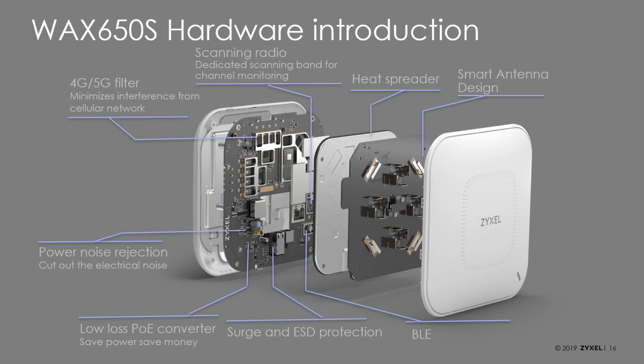Then we have proper surge and ESD protections, a heat shield, and the antenna array is totally shielded from the components to improve the signal to noise ratio as well as possible. Each and every component that produces at least a little noise is shielded as well, so we can get the best possible end result for our clients.